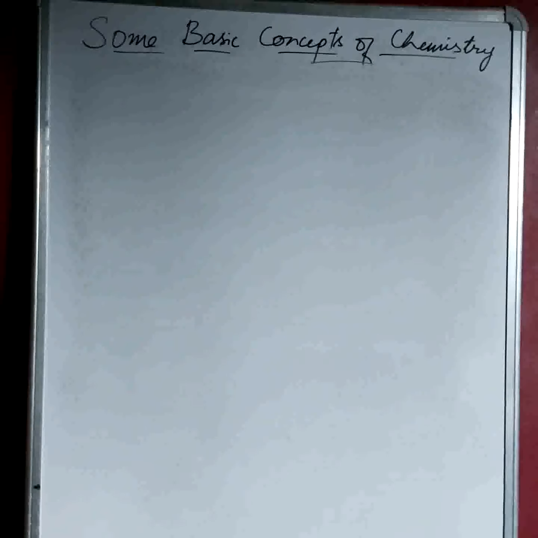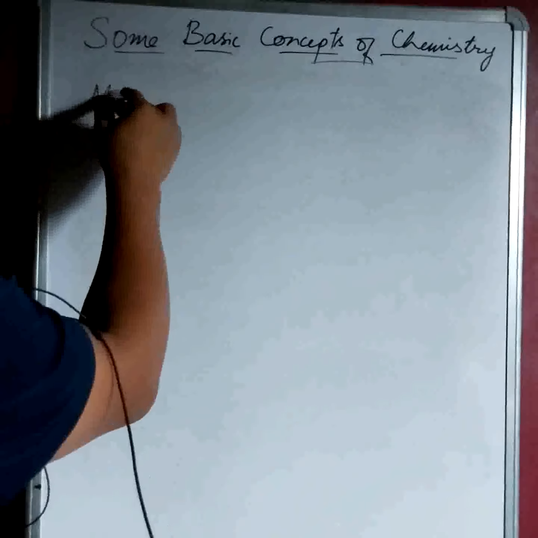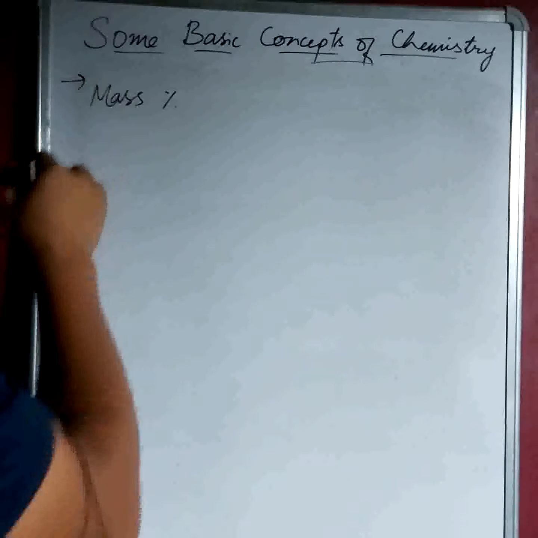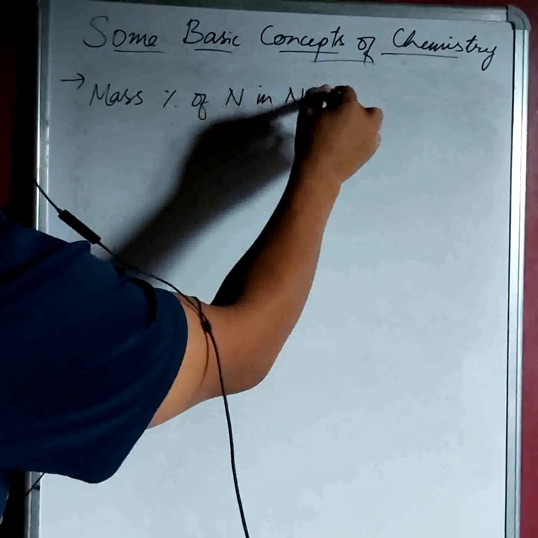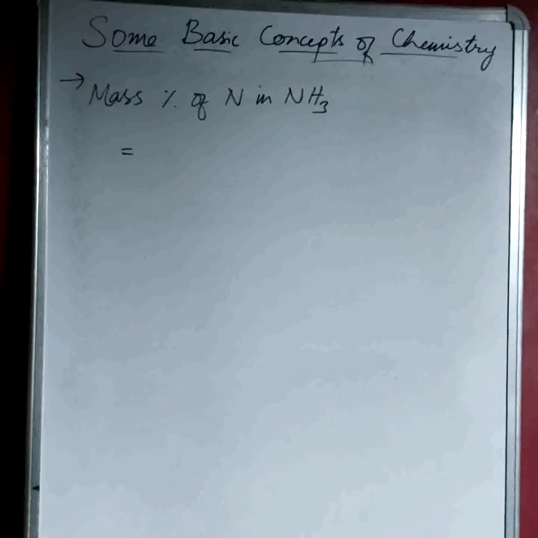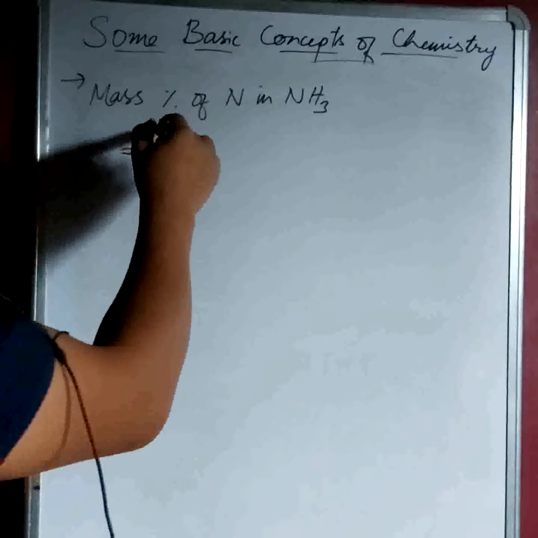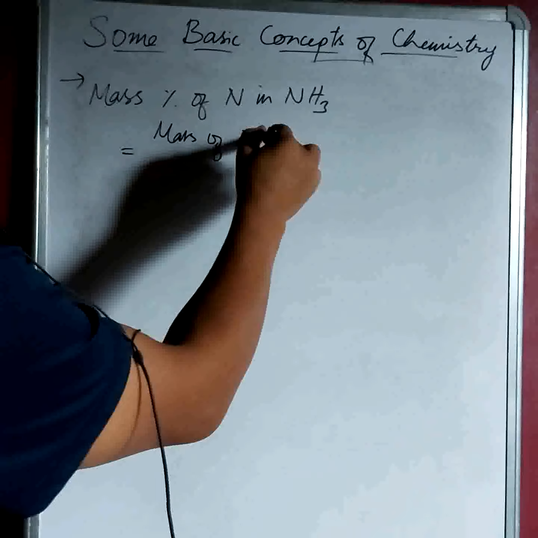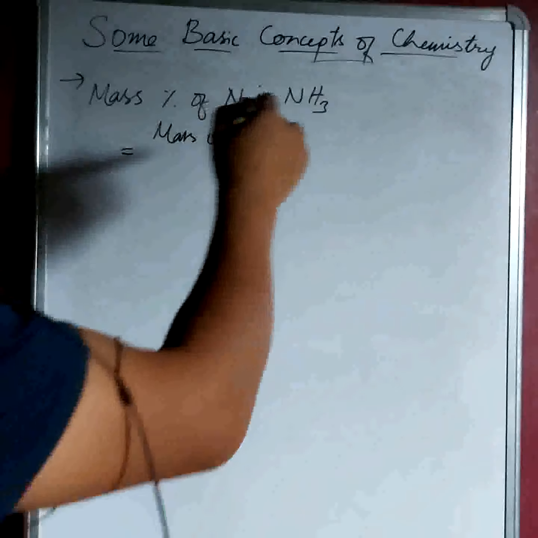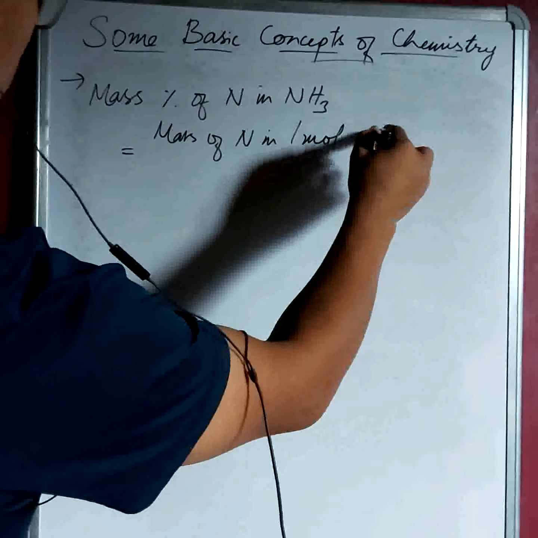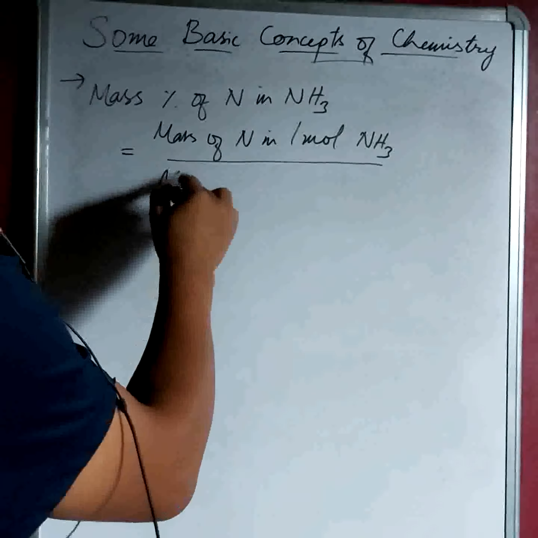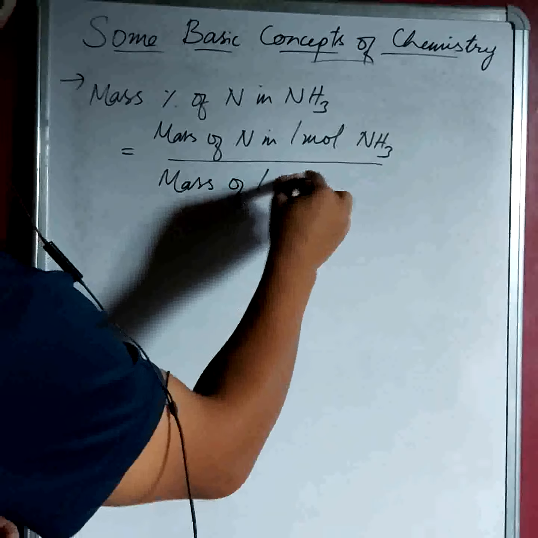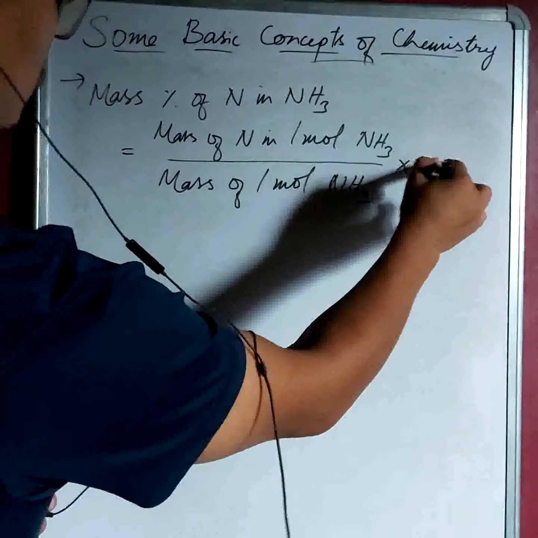Okay, so let's try to solve the problem. For the mass percentage of nitrogen in ammonia, it is the mass of nitrogen in 1 mole of ammonia over the mass of 1 mole of ammonia, into 100.